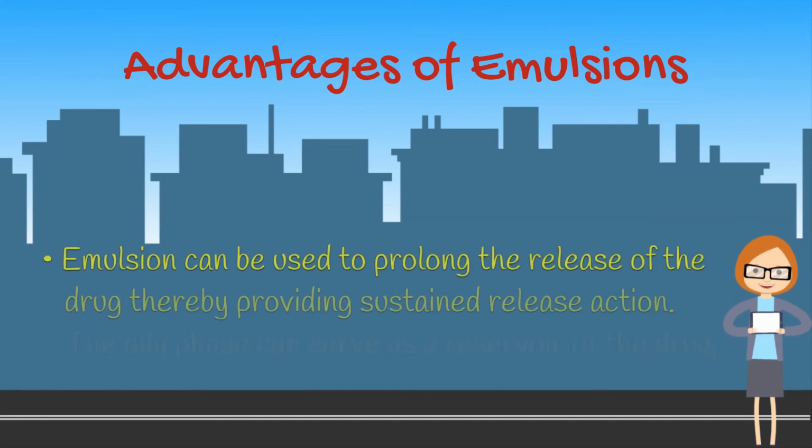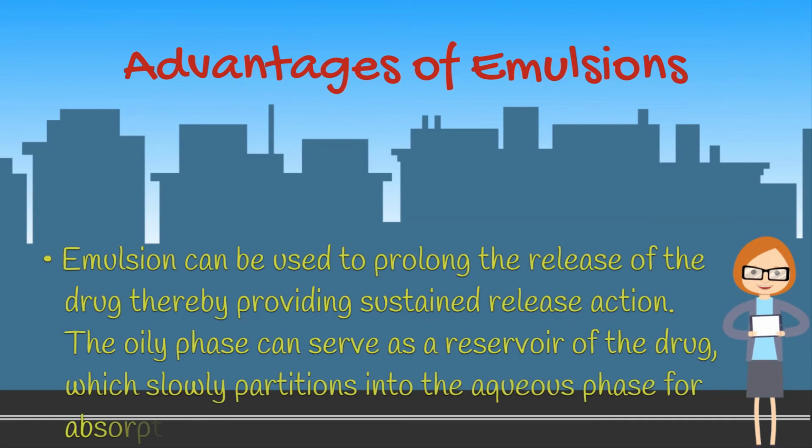Emulsions can be used to prolong the release of the drug, especially semi-solid emulsions, thereby providing sustained release action. The oily phase can serve as a reservoir of the drug, which slowly partitions into the aqueous phase for absorption.